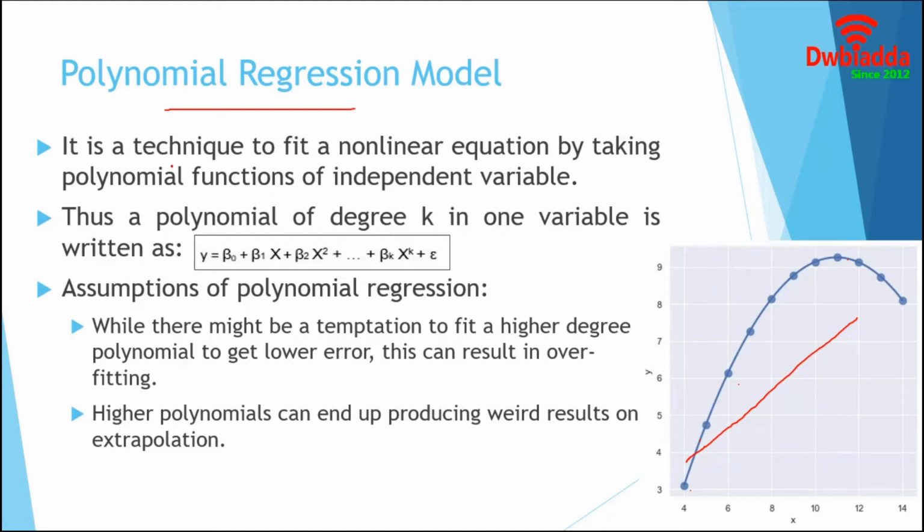So polynomial regression is a technique to fit a nonlinear equation by taking polynomial functions of independent variables. We basically use a polynomial equation of degree k. For a specific scenario, it is quite natural that if we fit a higher degree polynomial, the error will be lower, but this can result in overfitting. And sometimes higher degree polynomials can end up producing weird results.